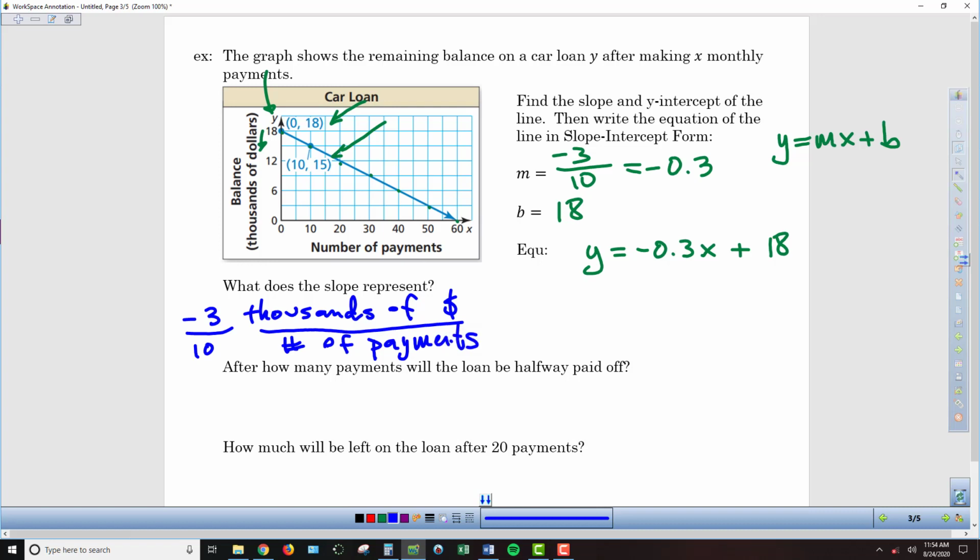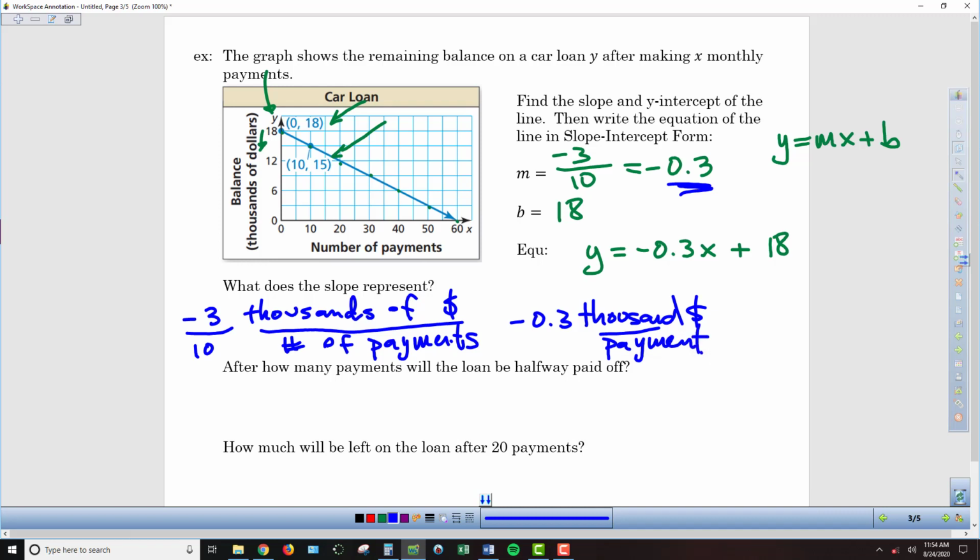Or in other words, we're going down by negative 3,000 divided by 10 per payment, or if we see it as this negative 0.3, it's going to be negative 0.3 thousand dollars per payment. But I don't think anyone would ever really write it that way.